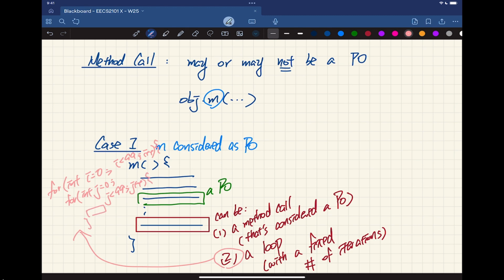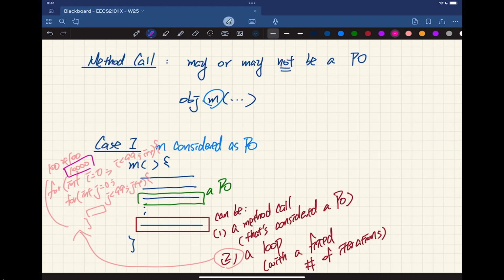But overall, how many iterations do we have? 100 times 100, 10,000. Not bad, because it's fixed. It does not depend on input size. Anything that does not depend on input size is what we consider as primitive, right? So that's something you want to remember, all right?